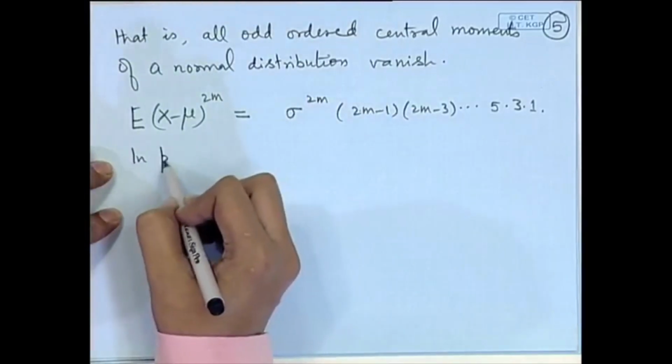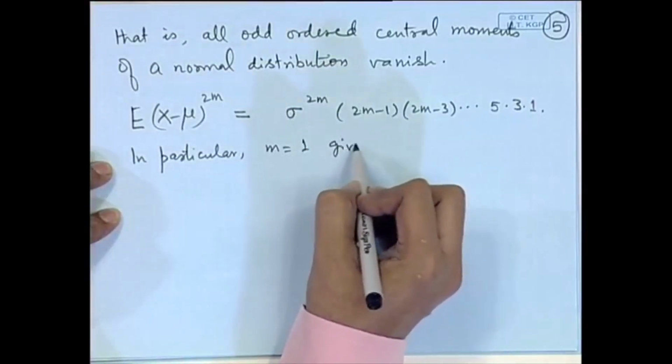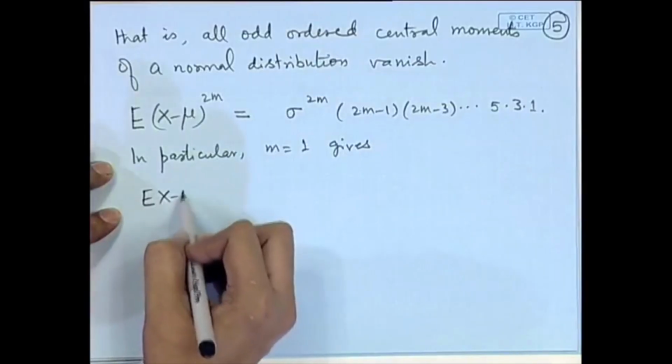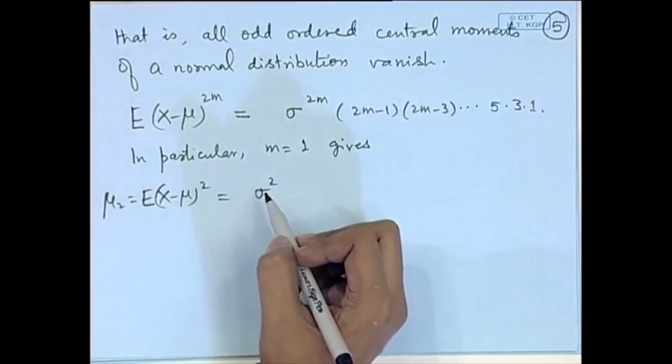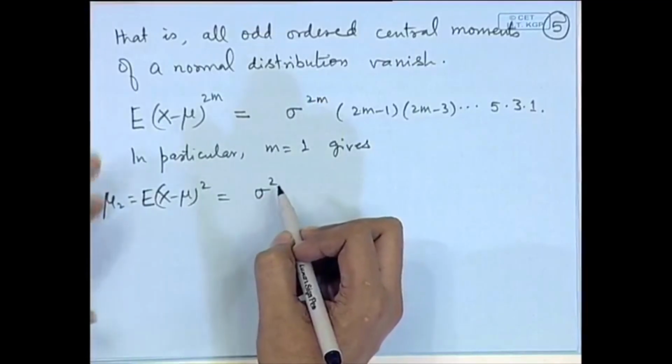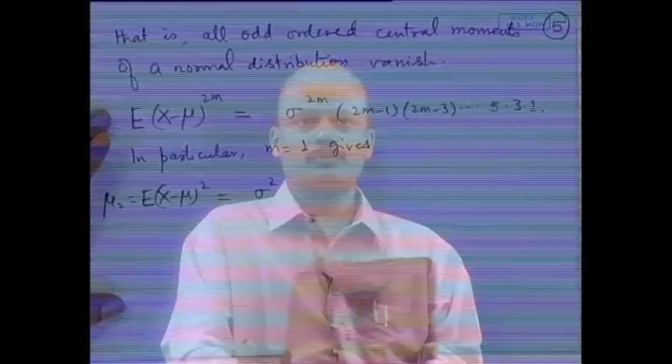So, in particular, if I put m equal to 1, this gives expectation of (x minus mu) square equal to sigma square, that is mu 2. The second central moment of the normal distribution, that is the variance, is sigma square. As we have already seen, generally mu and sigma square are used to denote the mean and variance of a distribution. So, the nomenclature comes from the normal distribution, where the parameters mu and sigma square actually correspond to the mean and variance of the random variable.